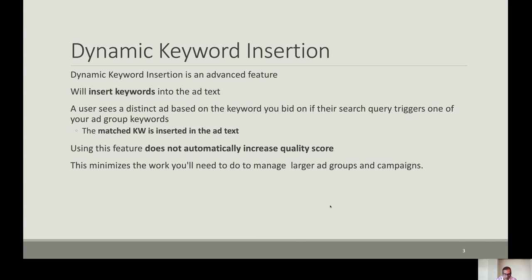Okay. The advantage is that this gives you some flexibility in terms of creating your ads, because you might then create these ads with this flexibility in mind, that as the user search query matches with different keywords, those particular keywords can be inserted into the ad on the fly, and therefore made more relevant to these consumers, right?